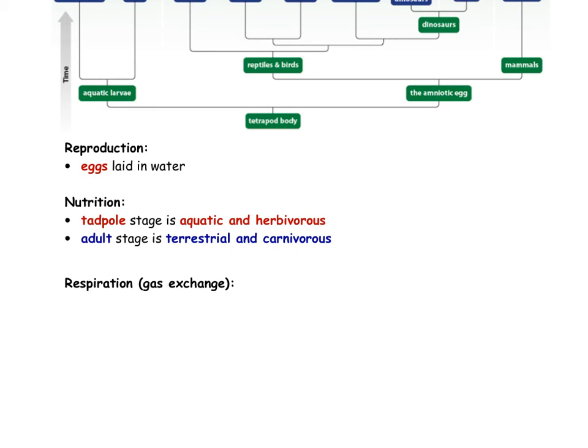Okay, respiration, so gas exchange. I'm curious to know what you remember about what we talked about with frogs. Frogs and other amphibians have underdeveloped, not very complex lungs. That means in order to get an adequate amount of oxygen, they need to also be able to absorb oxygen through their skin.